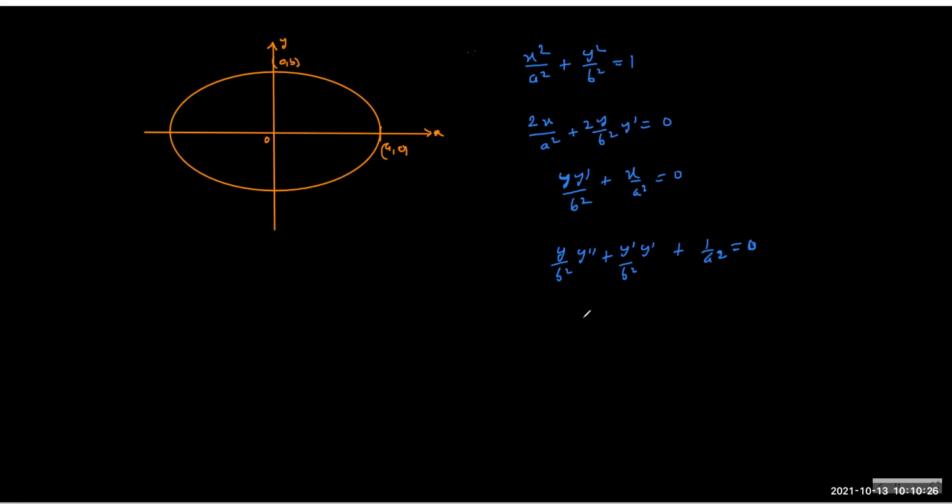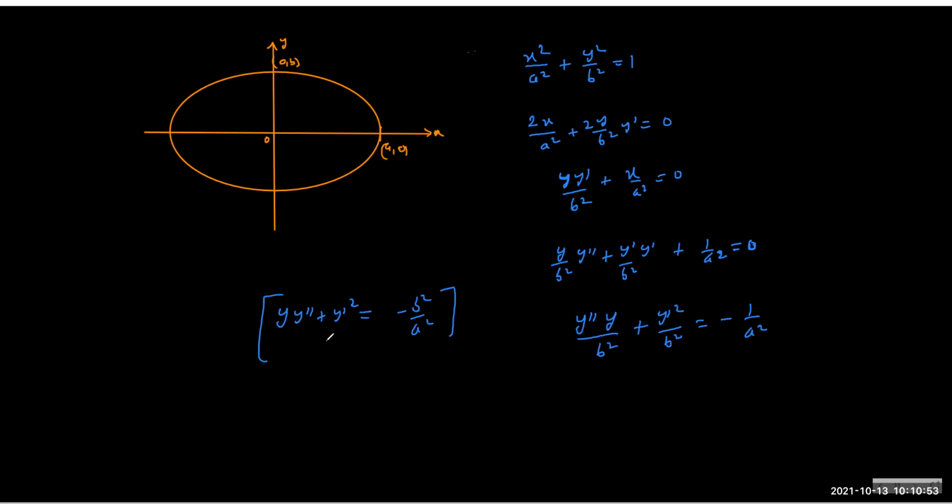So what turns out is y double dash y upon b square plus y dash square by b square equals minus 1 by a square. So y double dash y plus y dash square equals minus b square by a square.